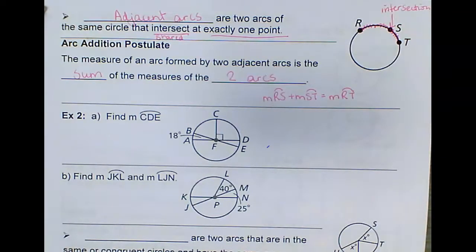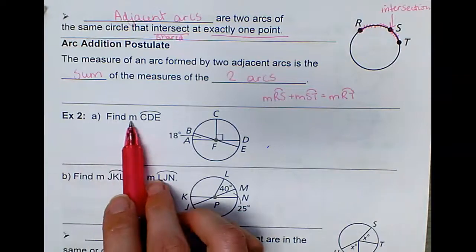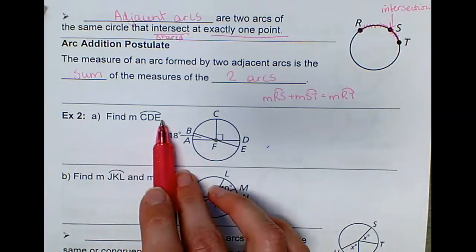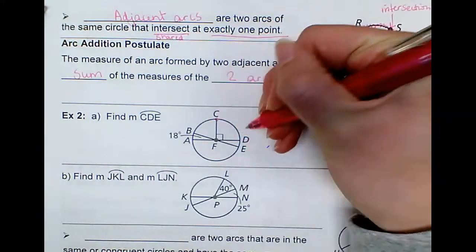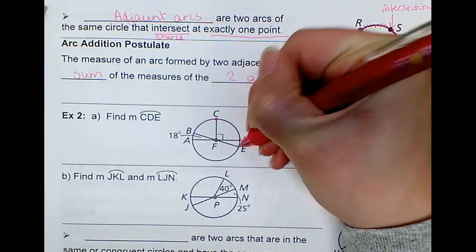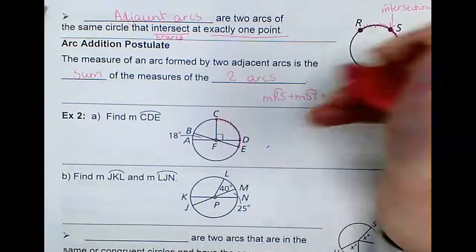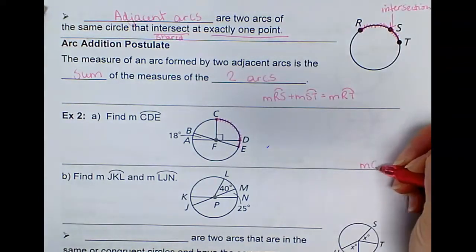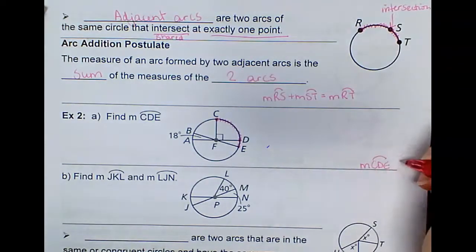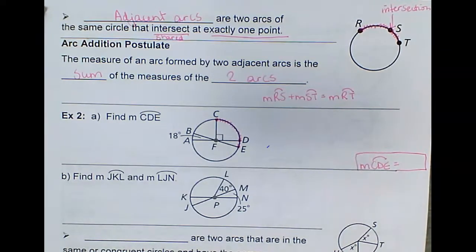So we have examples 2A and 2B to help us understand how to use the arc addition postulate. Example 2A says, find the measure of arc CDE. So from C to D to E. I need to find this measurement. So I'm going to put out to the side the measurement of arc CDE equals, and then I'm going to leave it so that I know that's what it is that I'm finding.